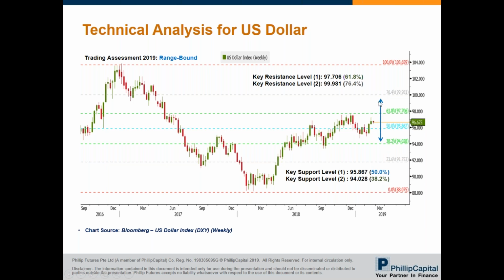This is the dollar index, somewhere around 97.70, and the key support will be about 94.02. Although this looks like a bullish channel, we do not foresee this going much stronger.